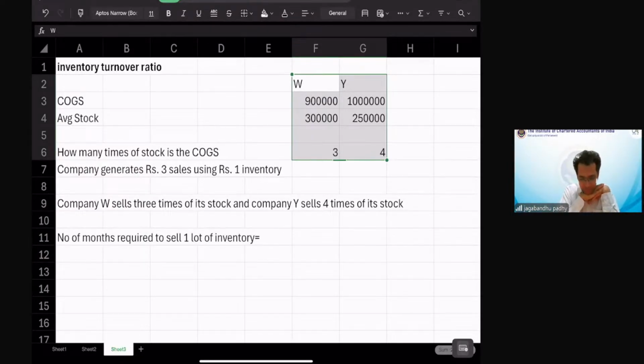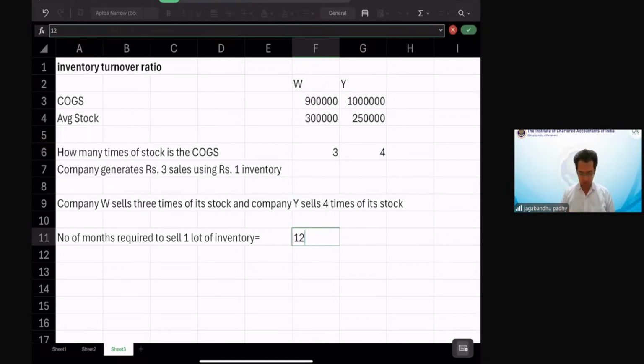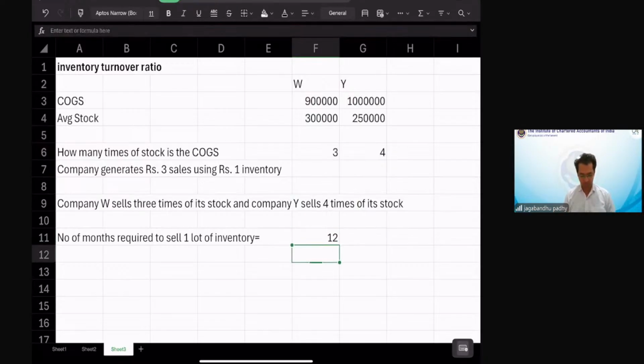How many months? Can I say there are 12 months in a year and there is 3 times the sales? I mean, 3 times of the stock is COGS. So 12 by 3. 12 is the total months, and in that tenure of 12 months, COGS is 3 times the stock.